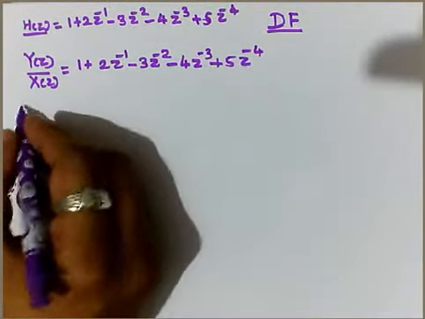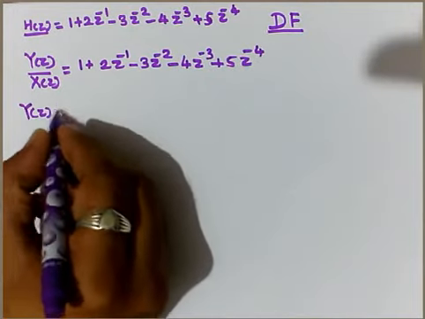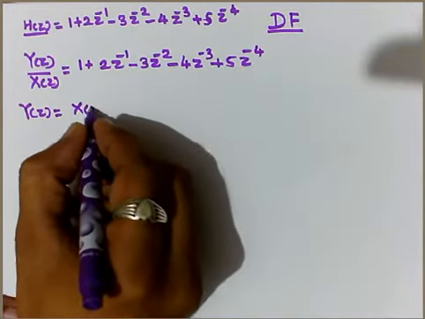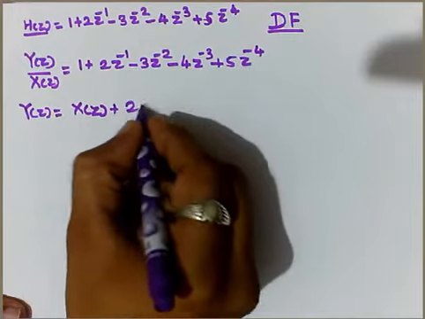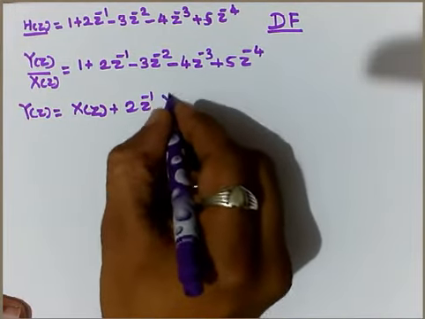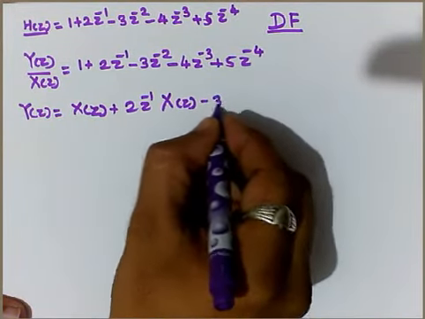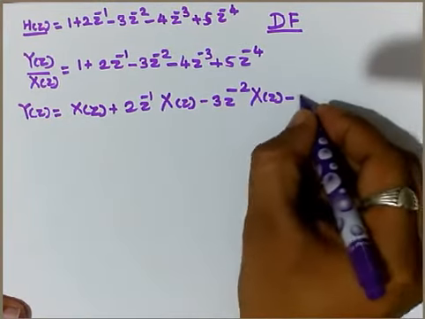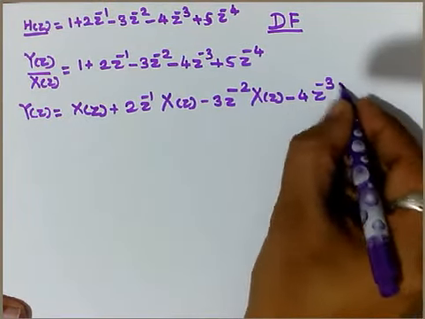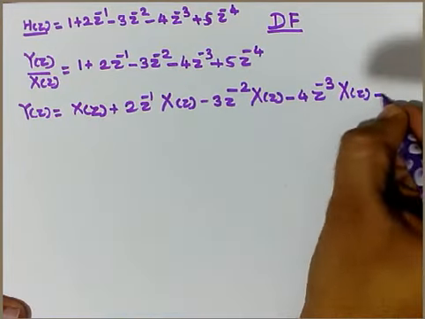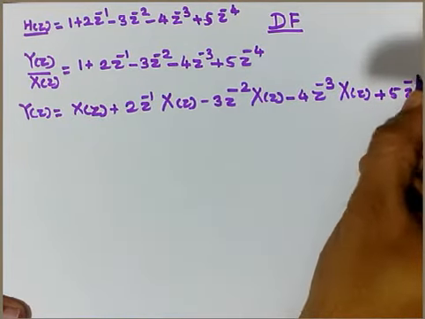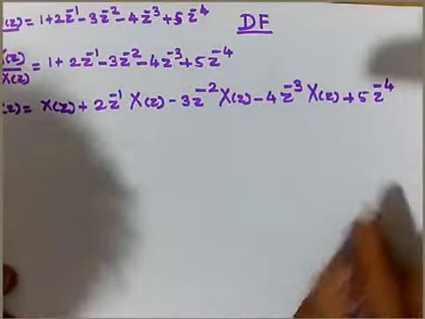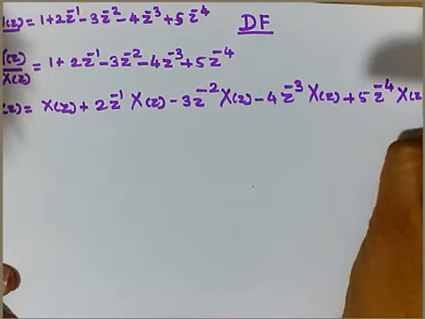So I will just rearrange it like y of z is equal to x of z plus 2z inverse x of z minus 3z raised to minus 2 x of z minus 4z raised to minus 3 x of z plus 5z raised to minus 4 x of z.